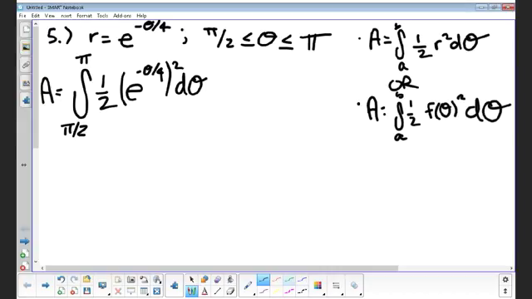So before we go and solve this, let's simplify it a little bit, make it easier on ourselves. This is going to be equal to 1/2 integral pi over 2 to pi of e to the minus theta over 4 times e to the minus theta over 4, which is e to the minus 2 theta over 4, or e to the minus theta over 2, d theta.